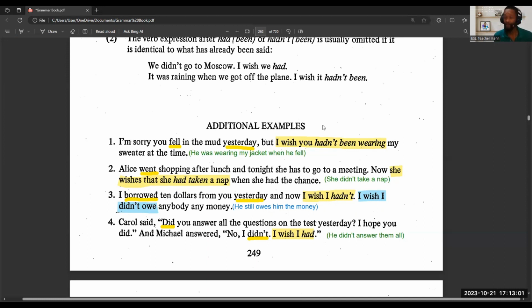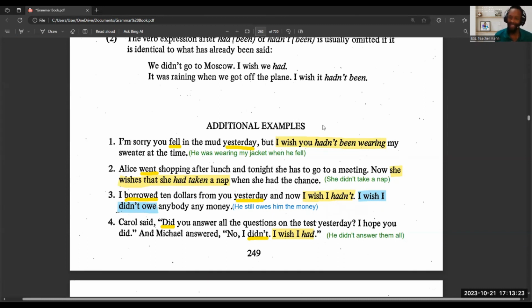And I am also going to tell you the actual situation in past. So it says, I'm sorry you fell in the mud yesterday, but I wish you hadn't been wearing my sweater at the time.